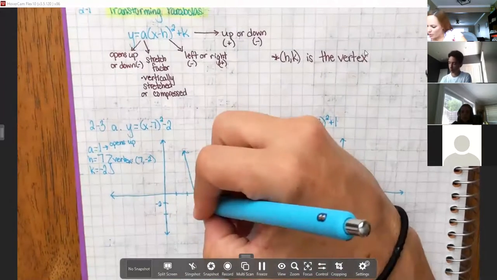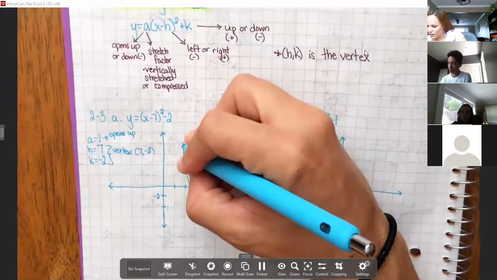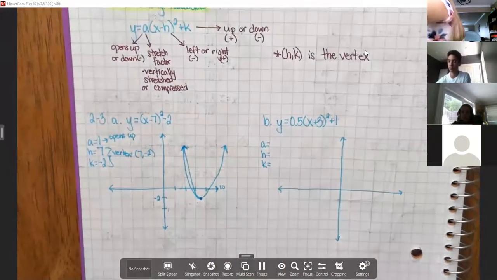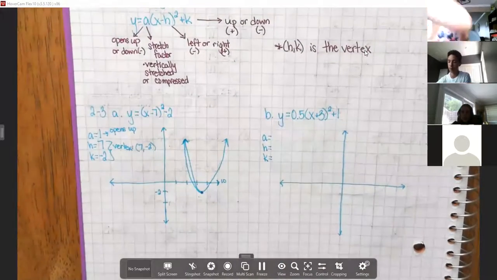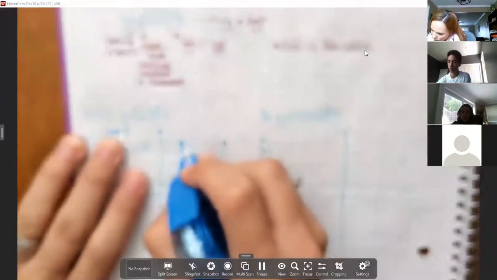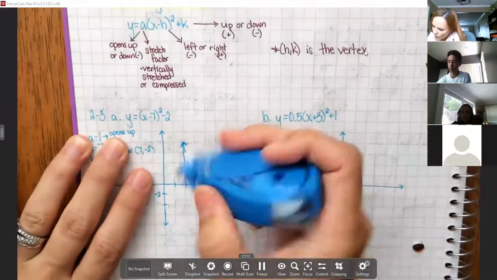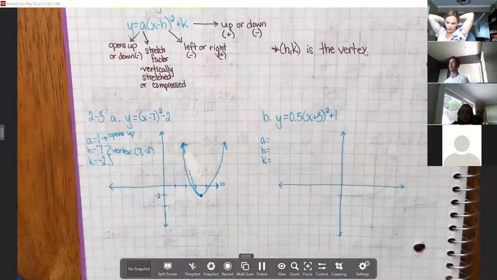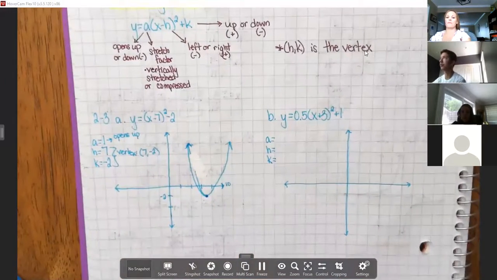It should look a little bit more symmetric than mine does. Sorry. Kind of like that. Not perfect, but that's okay.